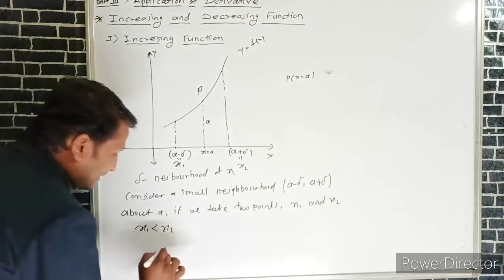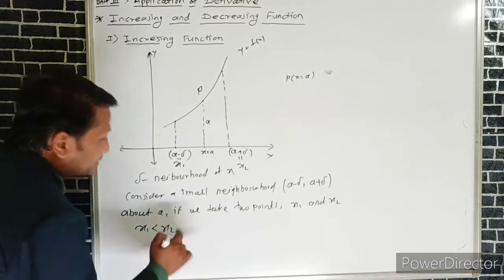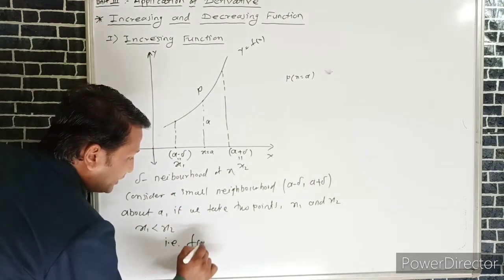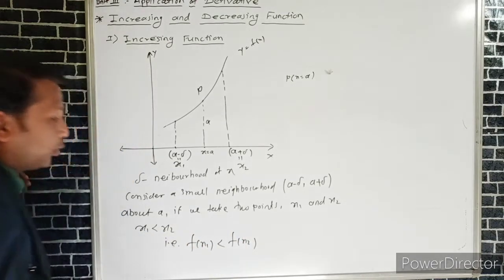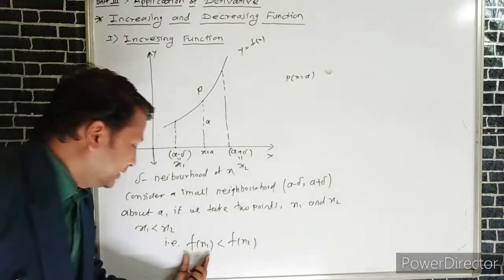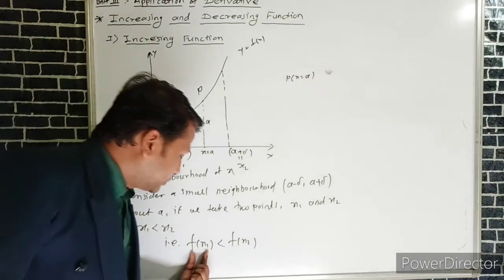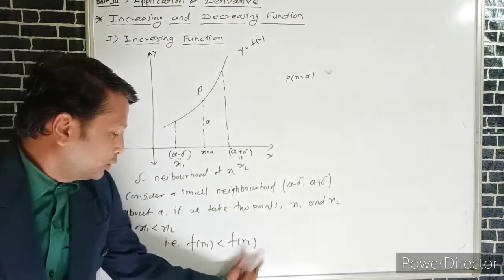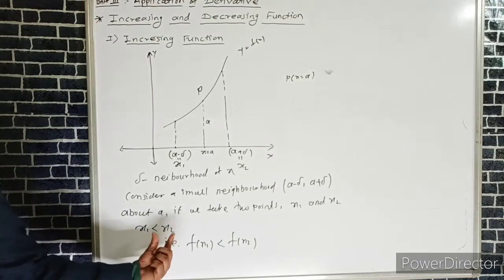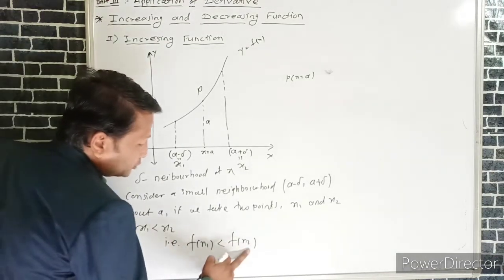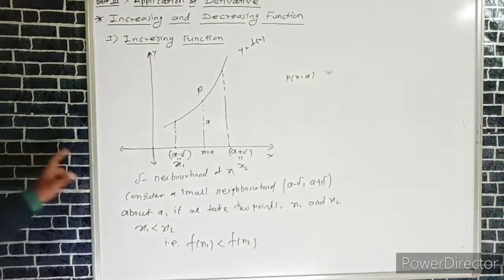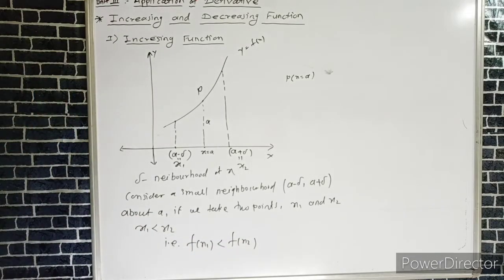It means the function value f of x1 is also less than f of x2. If x1 is less than x2 and f of x1 is less than f of x2, then this function is increasing at the point x equals a.